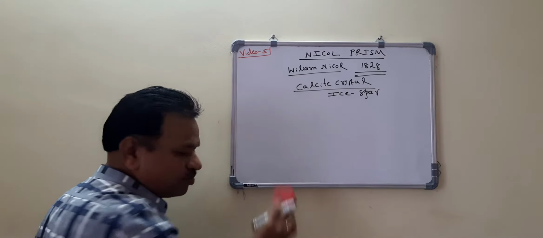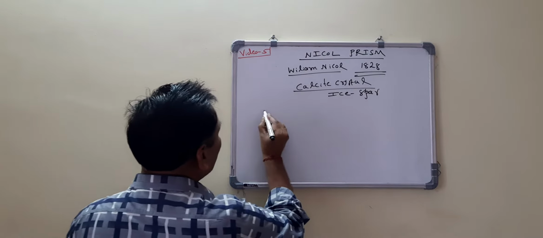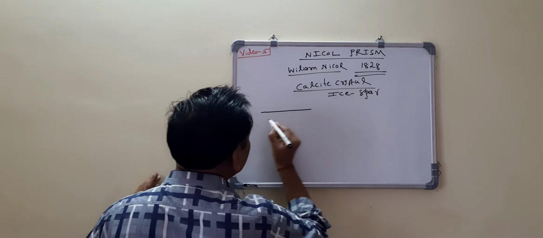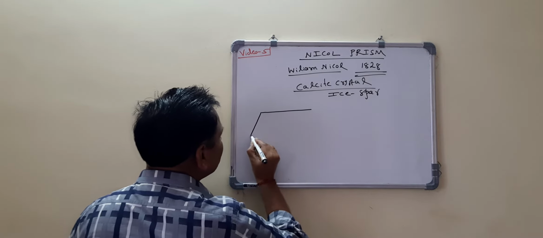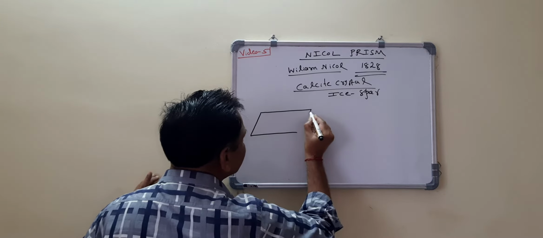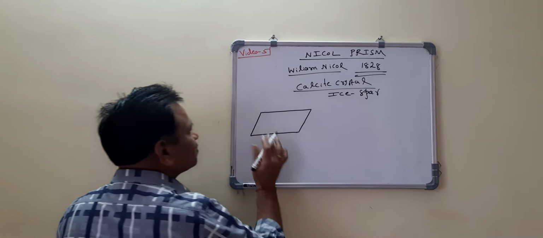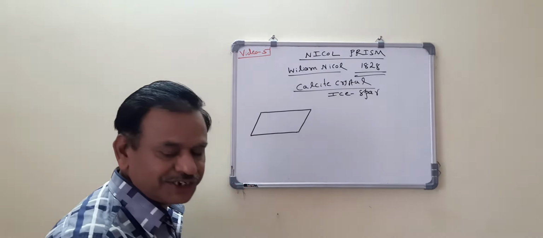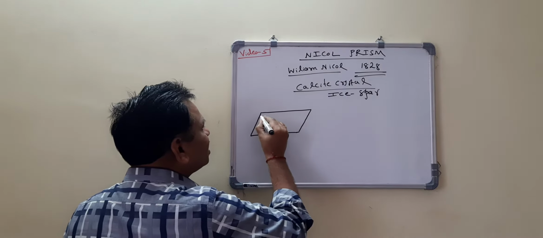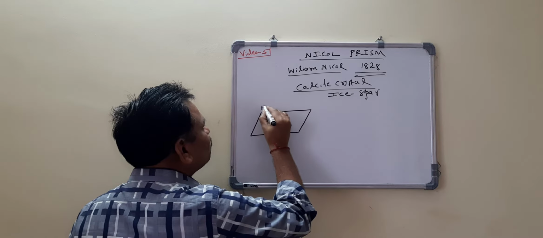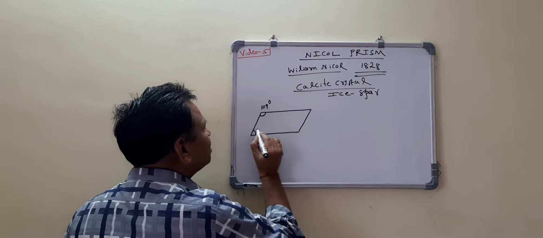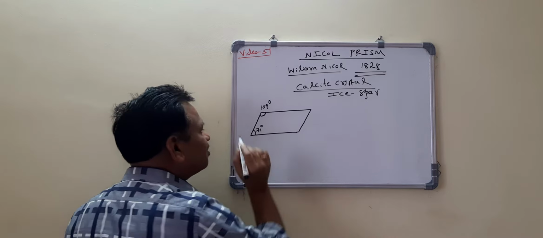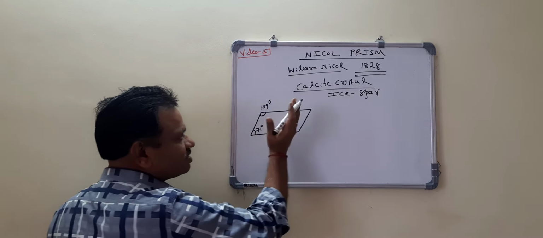If this length is 30 centimeters, this is 10 centimeters. This angle is 109 degrees and this angle is 71 degrees. This is one face.